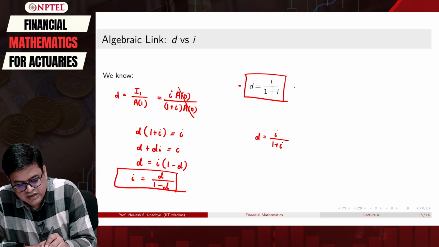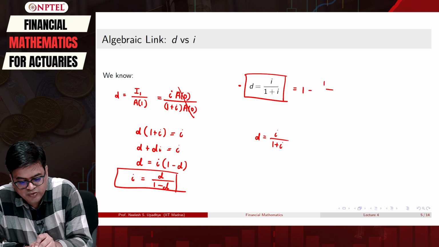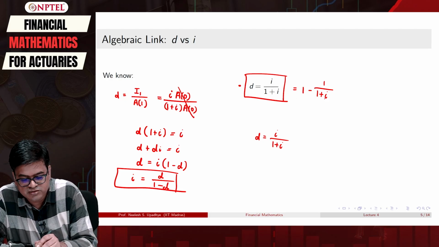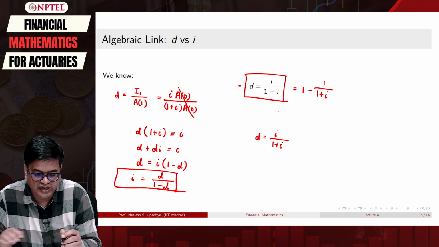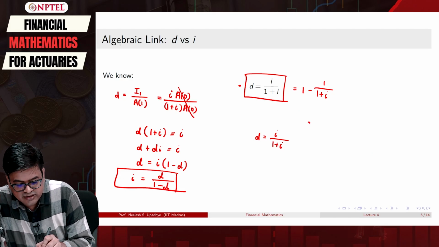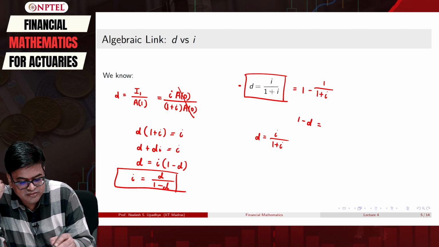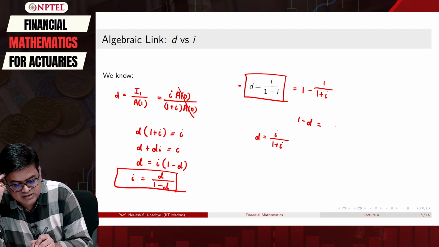So for example, I upon 1 plus I can also be written as 1 minus 1 upon 1 plus I. In that case, I can easily write 1 minus D is equal to, basically I have added 1 plus I on both sides and removed D from both sides. So that will give me 1 minus D is equal to 1 upon 1 plus I.